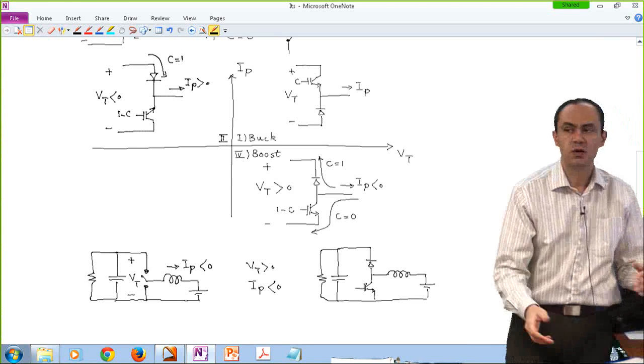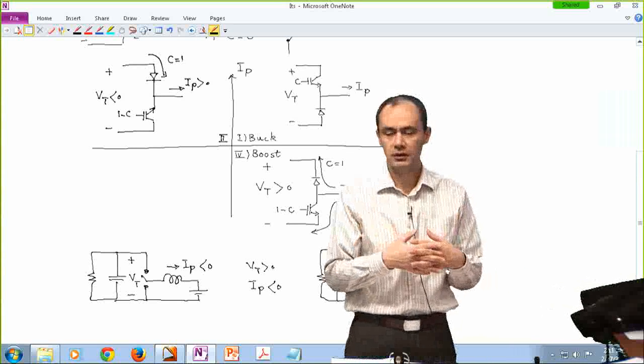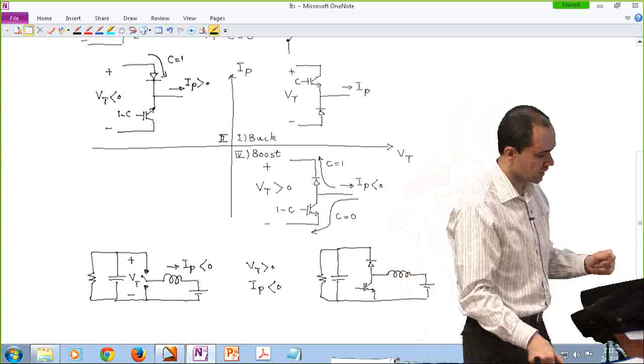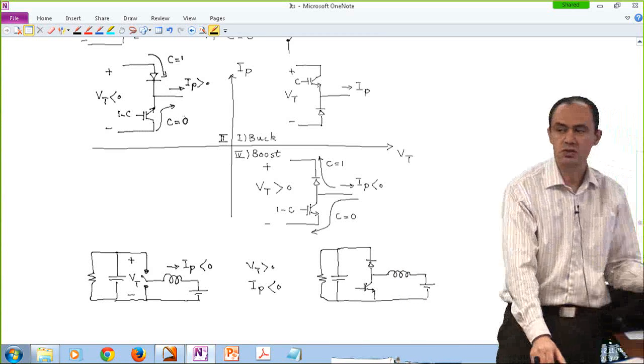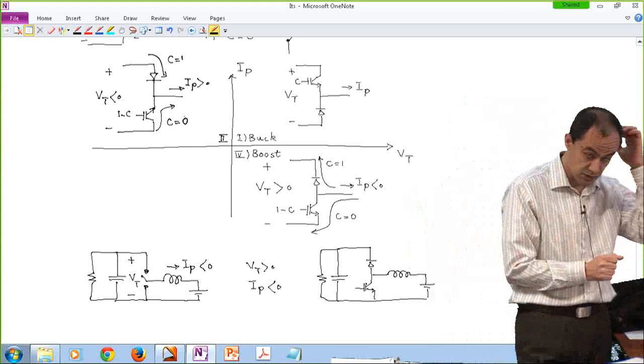C is 1 means 1 minus C is 0, therefore the transistor is off. So the only way for this current to flow is through the diode, and therefore the top throw is engaged. And if C is 0, the conduction is going to be from here, because then the transistor is on, the diode is reverse biased, and the current is flowing through the transistor.